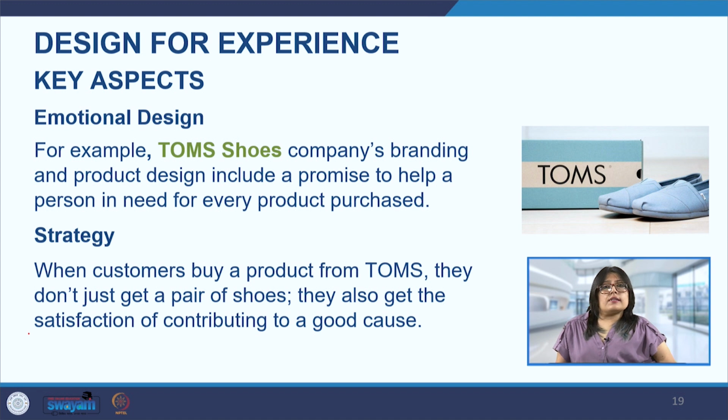Another example or case study we can see of emotional design is Tom's Shoes. This is a very sustainable brand, and this particular brand started the one for one model, which means for every pair of shoes that was sold, they would donate one pair of shoes to a child somewhere.